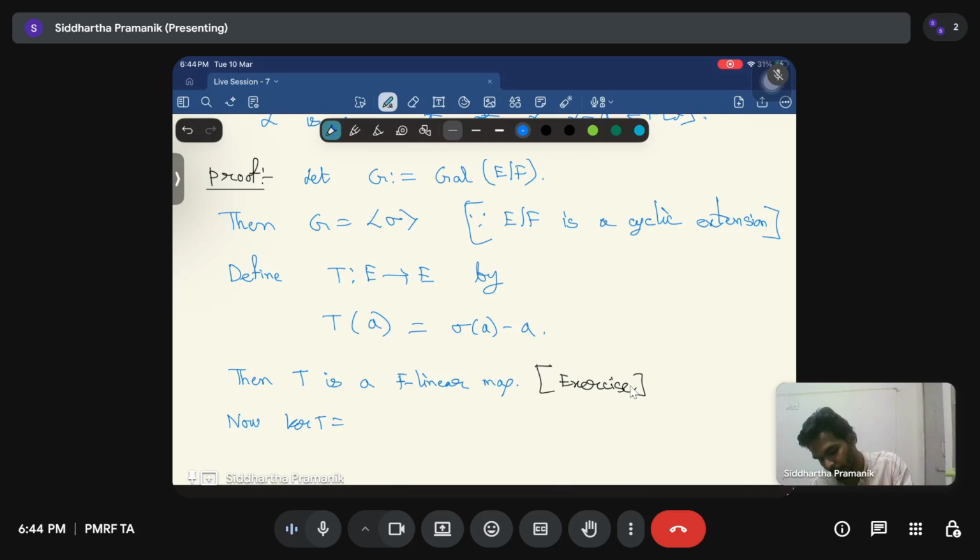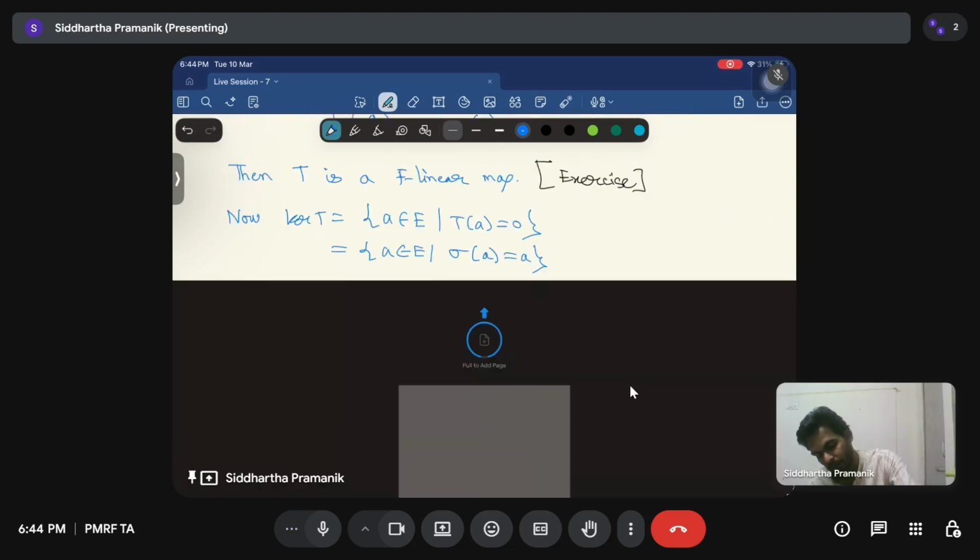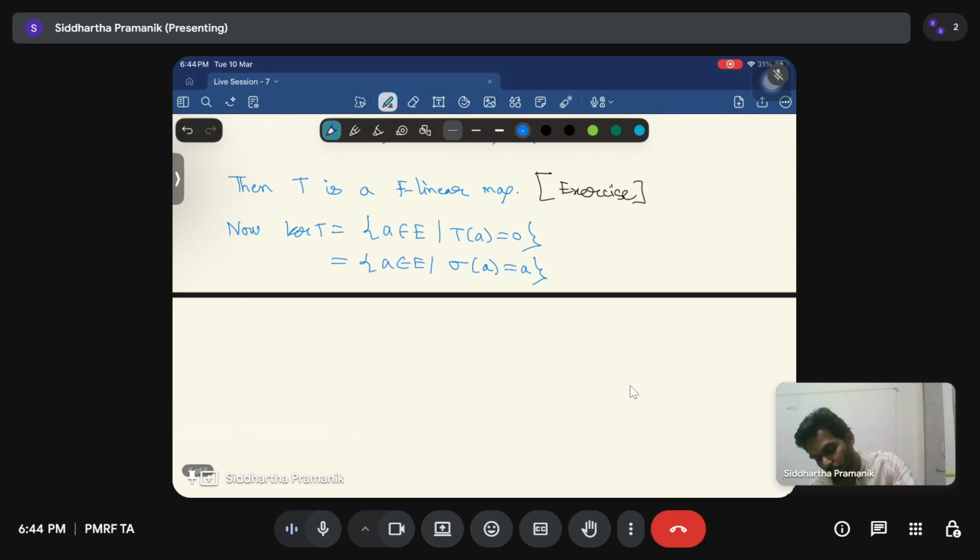So kernel of T is basically all those elements of E such that T of a is equal to 0. But that means all those elements of E such that sigma of a is equal to a. Right? So this is basically the fixed field of sigma, and this is basically F, because E over F is Galois.